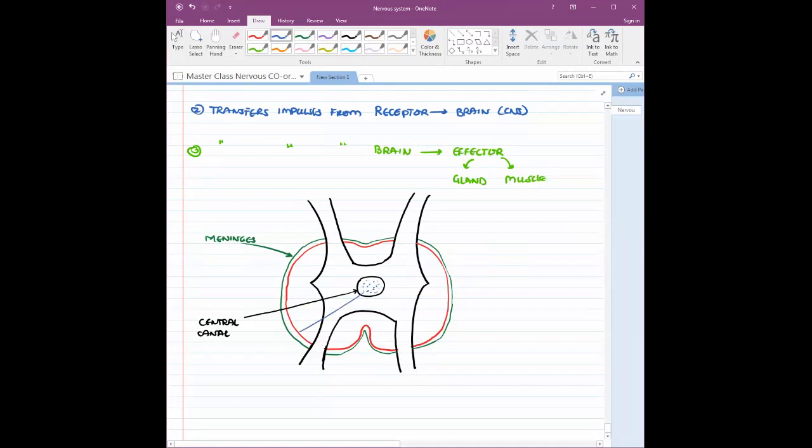Let me show you. This is CSF, cerebrospinal fluid. Now once again, inside this, we said this is your gray matter. Always remember this is gray matter, and whatever is outside, all of this is going to be your white matter. So inside gray matter, outside white matter.